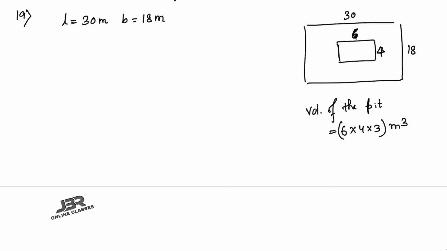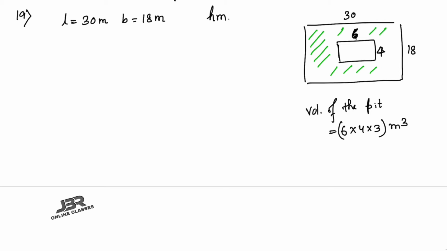So now here you have to let h meter be the level raised over the field uniformly. So that means here the volume. You have to find out the volume of that remaining portion without the pit.